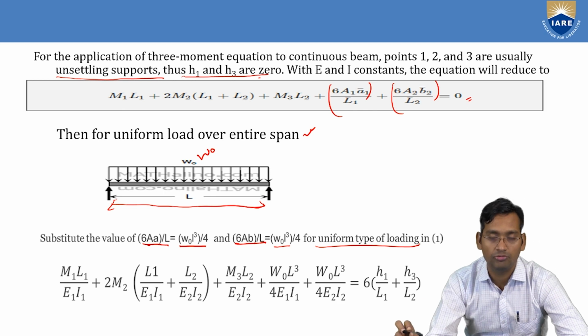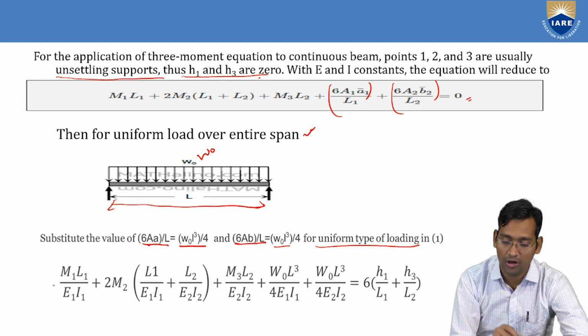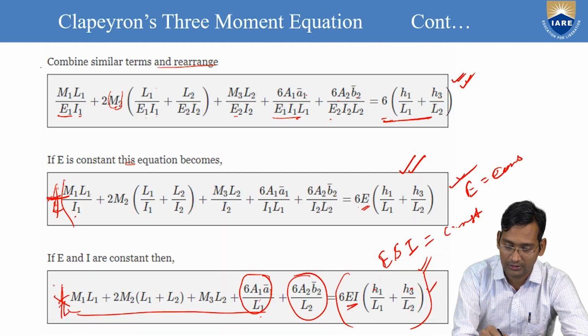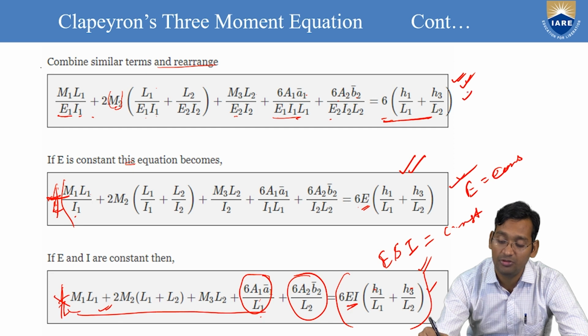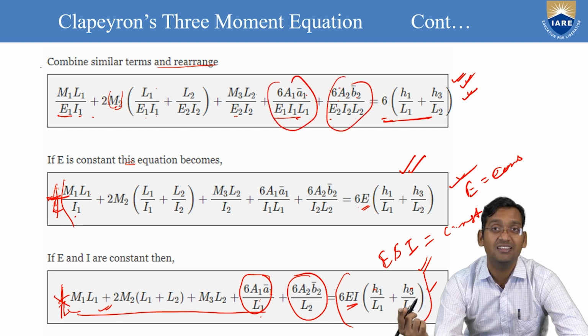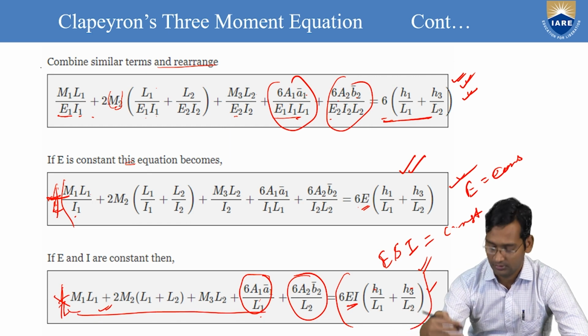In equation 1, just substitute in the previous equation. Or directly we can substitute here also if E is constant. First we start from this one. If E and I are not constant, then we will modify it like this.